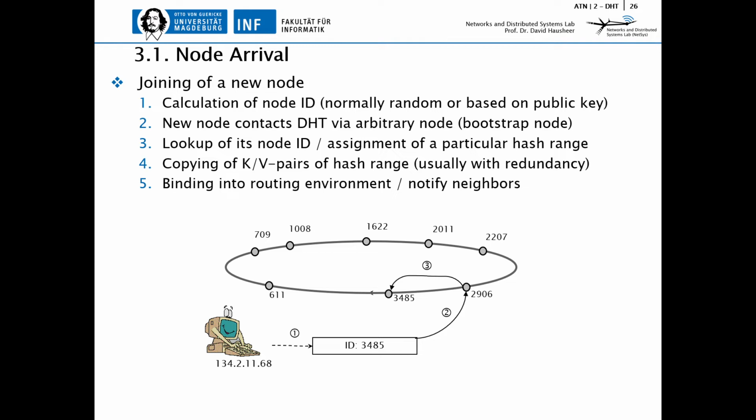Whenever the new node has found its location, it then also needs to copy the key value pairs that fall in that particular hash range. And as we mentioned before, that often happens with redundancy, so it will not be the only node that is responsible for these items, but it will just take one copy of those key value pairs in its range so that it can help answer queries for exactly those keys.